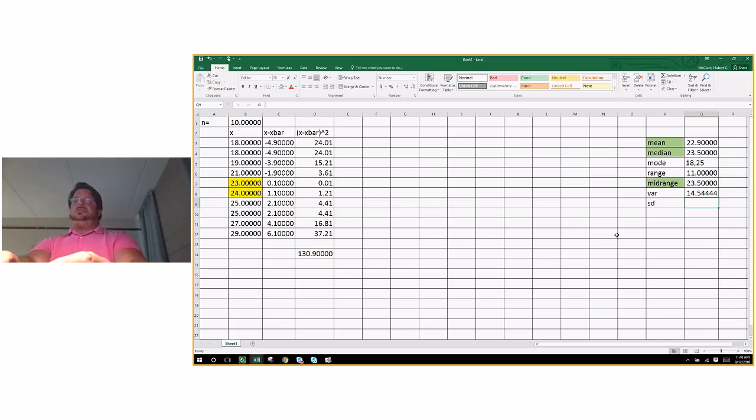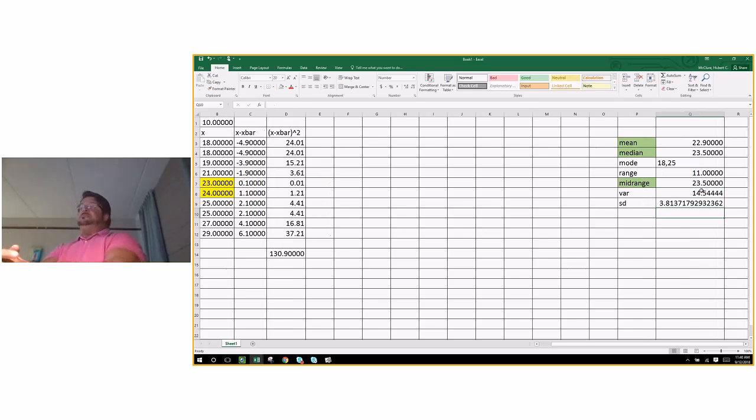Now, what is the standard deviation compared to the variance? It's the square root of the variance. To take the square root on a calculator without using the radical, you just raise 14.554 to the 1/2 power, or to the 0.5 power. And that is your standard deviation.